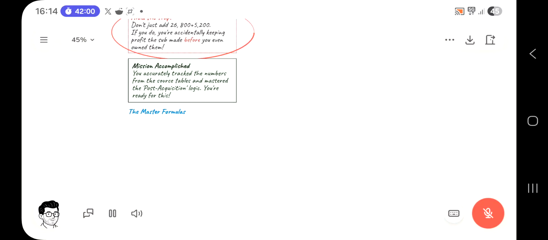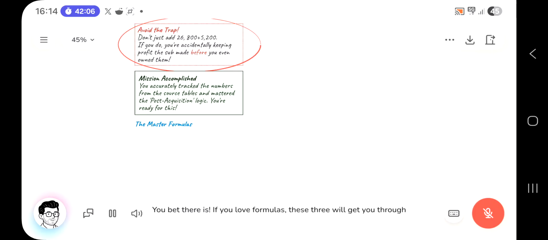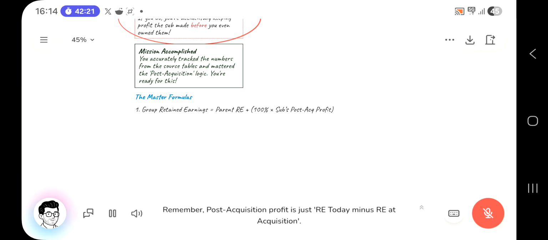You bet there is. If you love formulas, these three will get you through almost any basic consolidation problem. This is the one we used for the 30,800. Remember, post-acquisition profit is just RE today minus RE at acquisition.